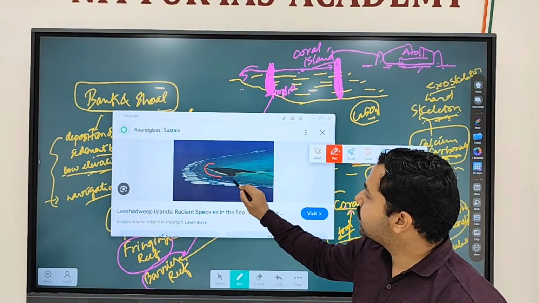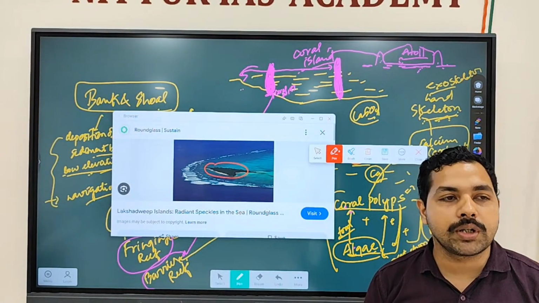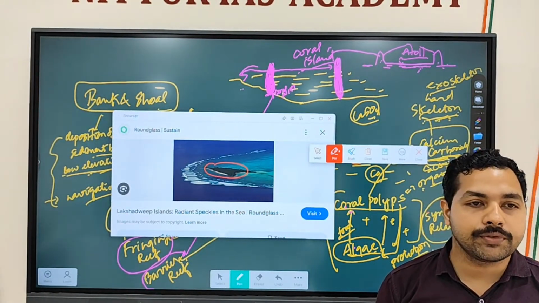You see the skeleton is coming out above the water, and this is called which type of reef? Atoll reef.